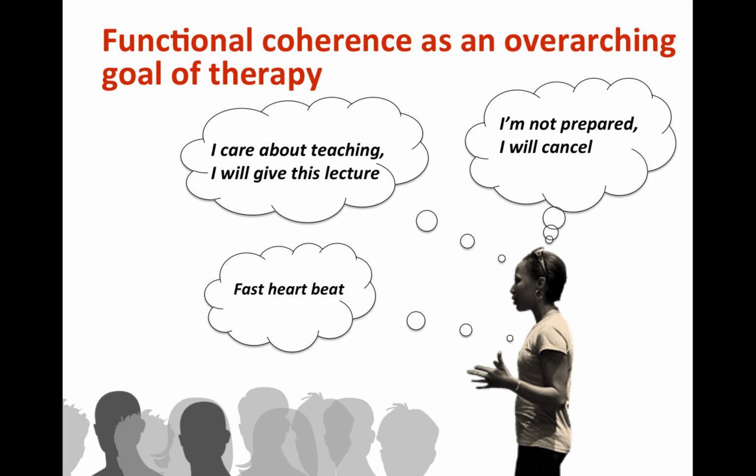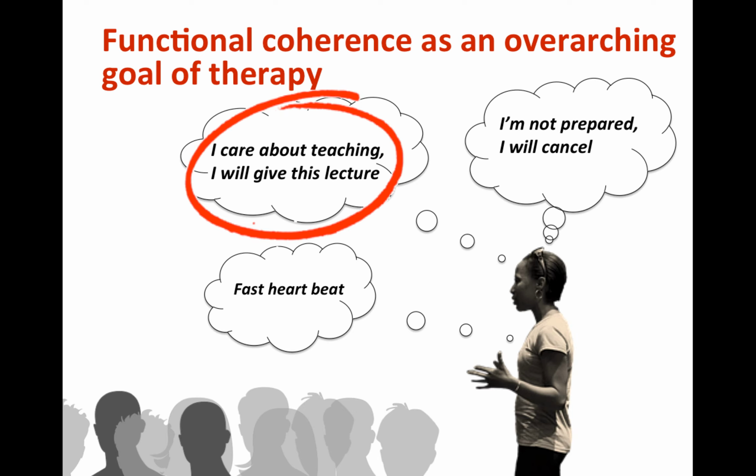So what we want to do in therapy is help clients conceptualize their experiences and responses in ways that are useful, pragmatic. In other words, we want to shape a functional kind of coherence. If this woman cares about teaching, in this very moment, it's probably more useful to connect her fast heartbeat to this meaningful purpose and to choose to stay than to leave because she thinks she's not prepared.